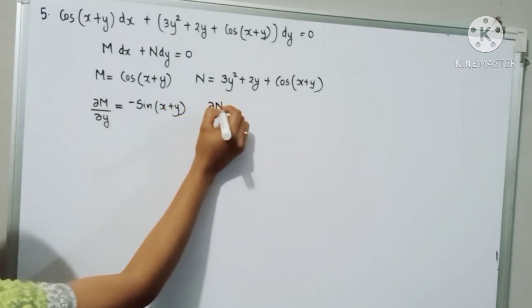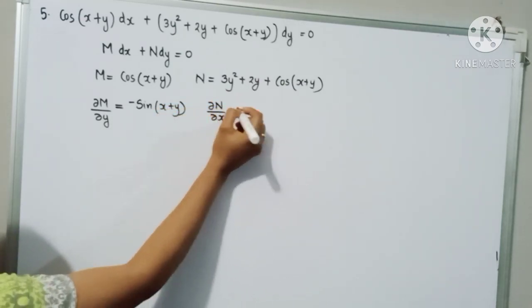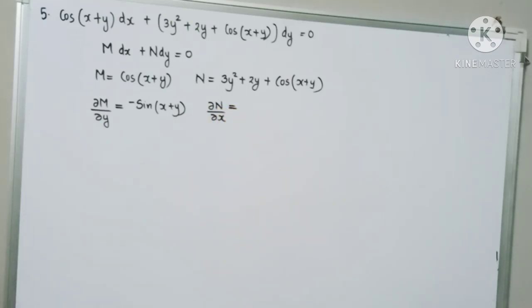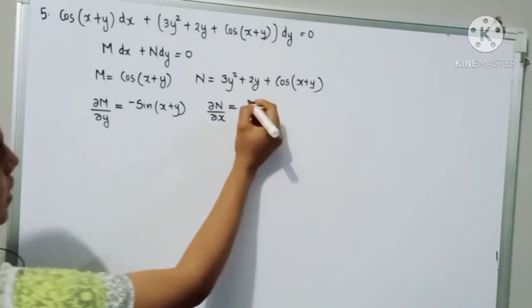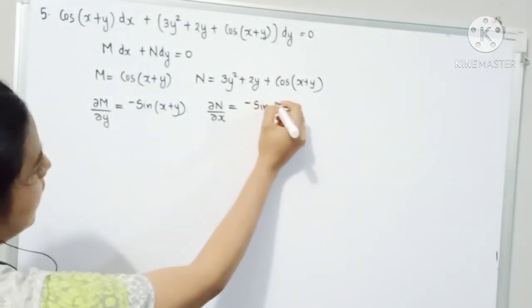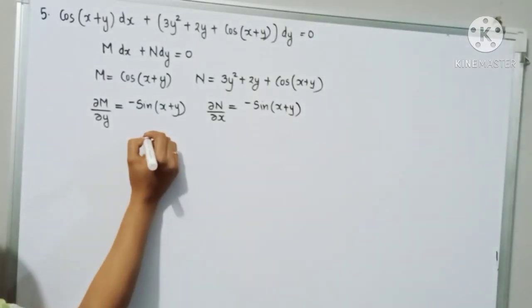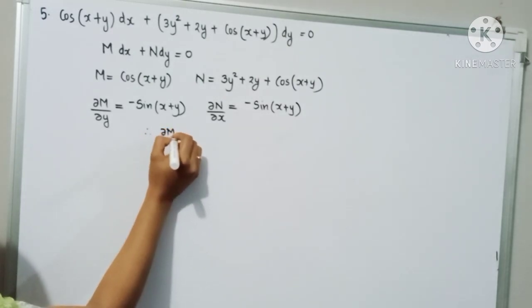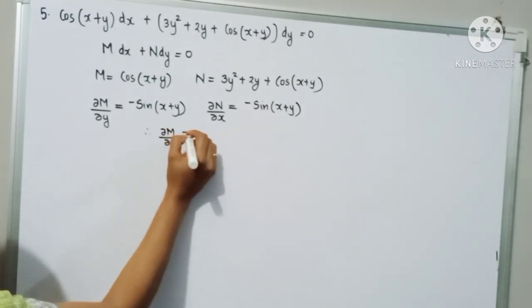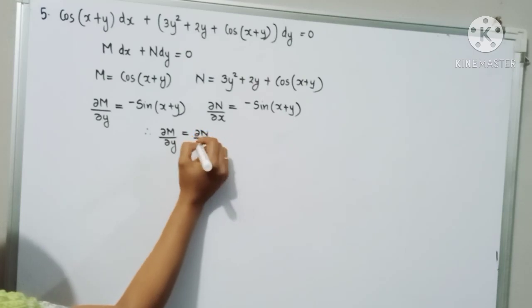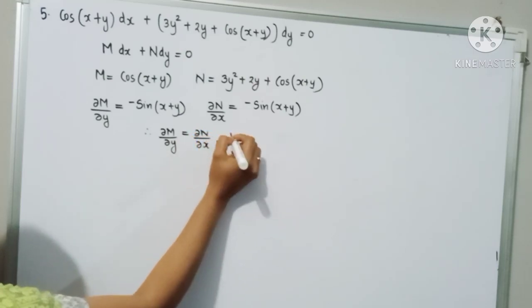Similarly, ∂N/∂x: partially differentiate N with respect to x. 3y² is 0, 2y again 0, and cos(x + y) gives minus sin(x + y). So ∂M/∂y is equal to ∂N/∂x. So, it is exact.